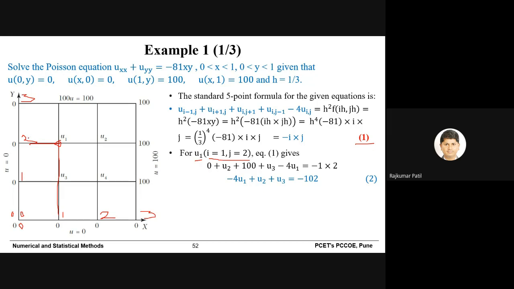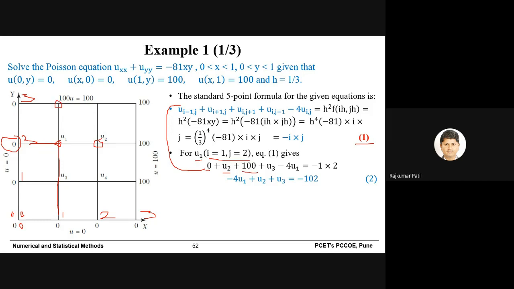So u(i minus 1, j) will be 0. Then u2, so you can see here u2. Then this particular point, that is 100.